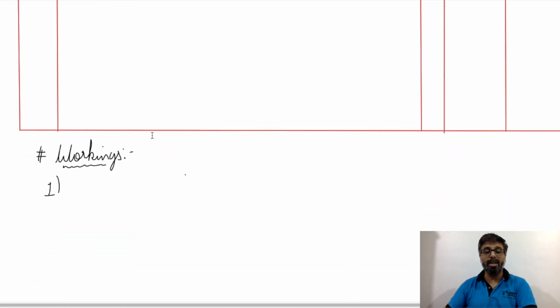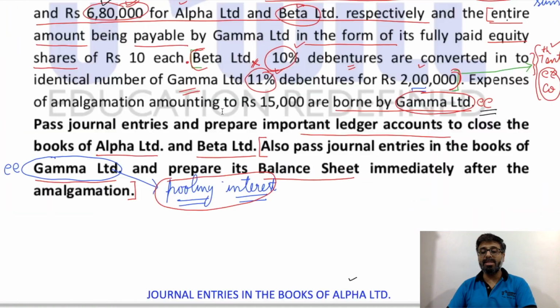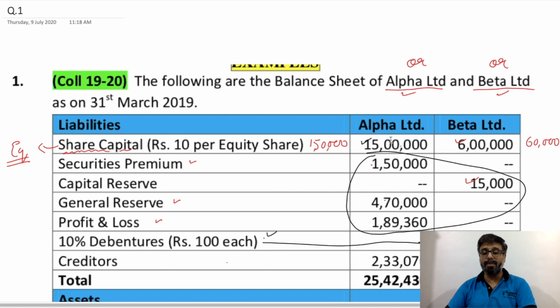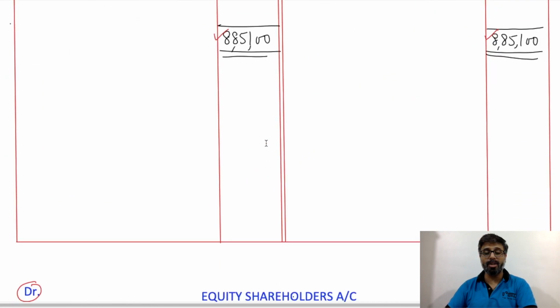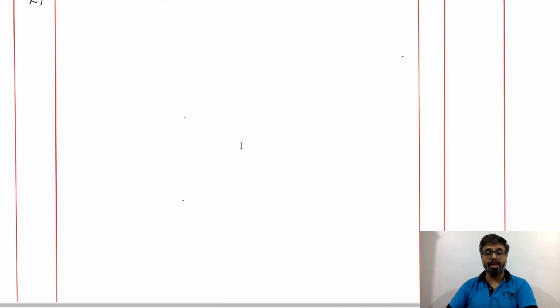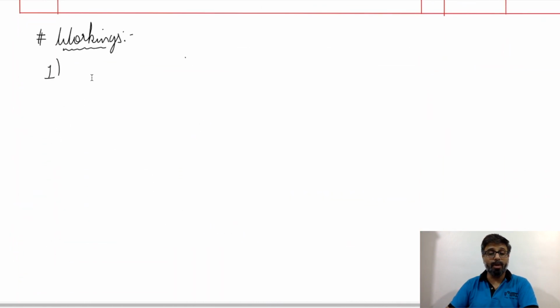So very first, let us find the difference between the purchase consideration and the share capital of the transferor company. We'll make that working note 1 over here. If you see, the share capital of the transferor companies is 15 lakhs and 6 lakhs. First you note that down, in the workings, all of it after the format of a journal, journal 1 page format.